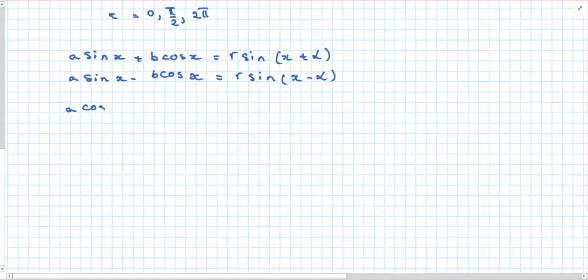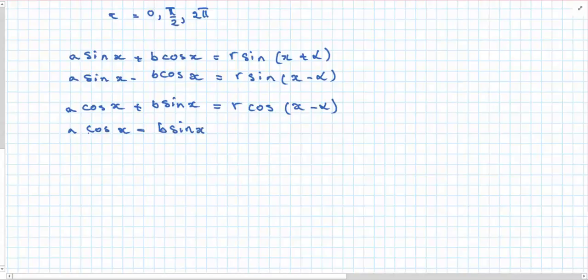A cos x plus b sine x, so cos first, sine second, is r cos x minus alpha, and a cos x minus b sine x is equal to r cos x plus alpha. The other things to remember, in all cases r is the square root of a squared plus b squared, and tan alpha is b on a.